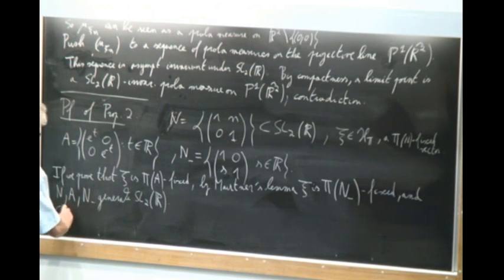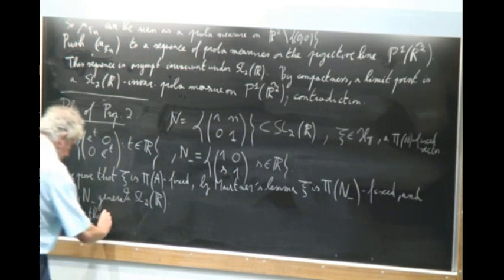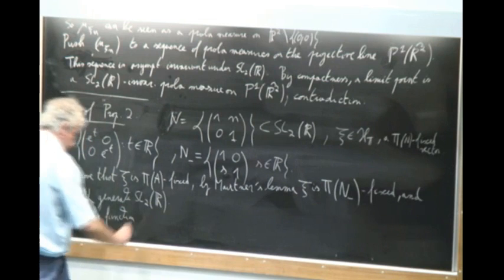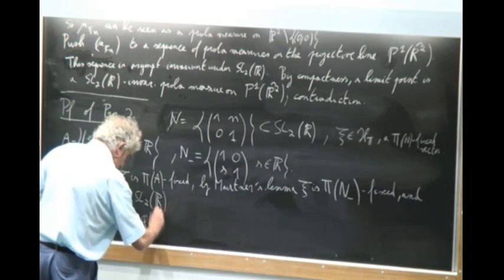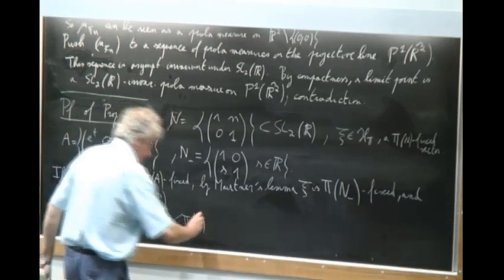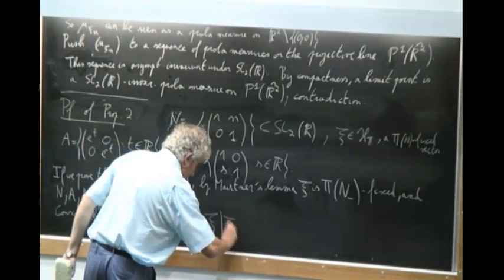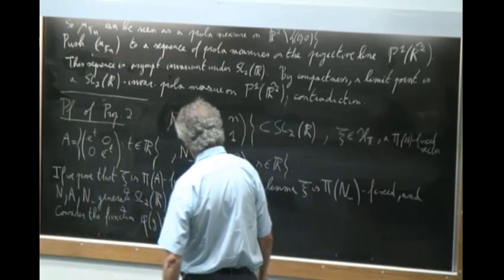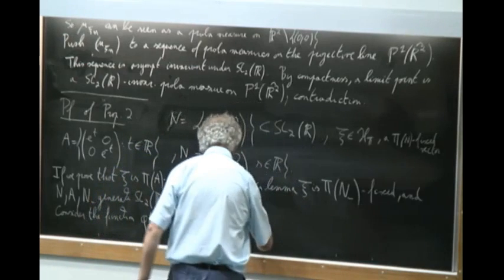And to do that, we consider the function phi of g, which is pi of g psi scalar product with psi, as a function on SL2R.